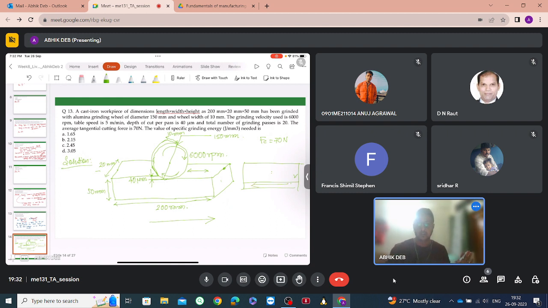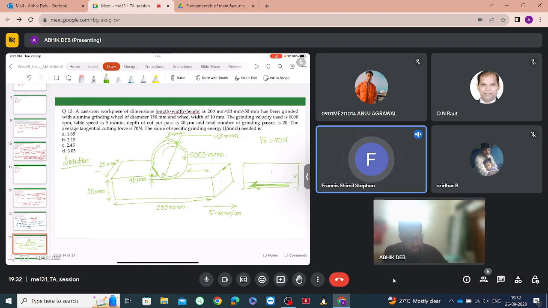Only one layer to a depth of 40 micrometers, and then again 40 micrometers in the same position, for 20 passes. So it will be like this only. If we consider this, the 5 millimeters per minute in this direction will also be the same, but for one pass.